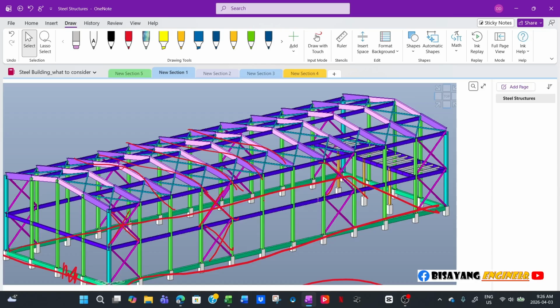Based on that upgrade, I realized that's a practical way of designing a warehouse, because you will never know the future occupancy of that building.